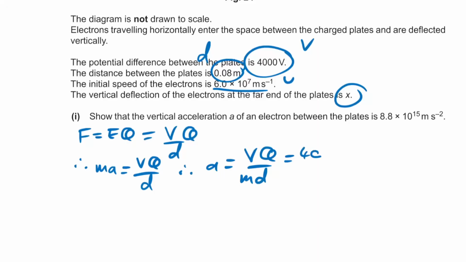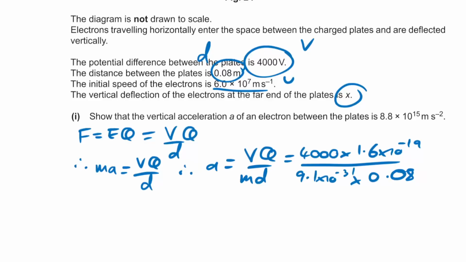So that is 4,000 times charge of an electron divided by the mass, which is 9.1 times 10 to the minus 31, times by the distance, which is 0.08. Let's pop all of that in, and sure enough, we end up with 8.79 times 10 to the 15 meters per second squared, 8.8.